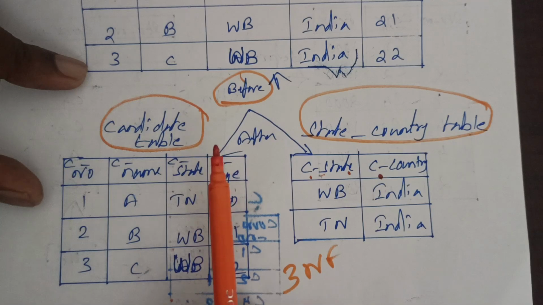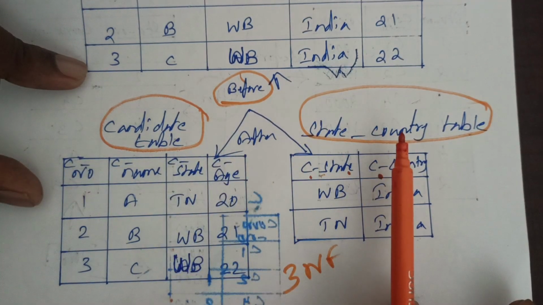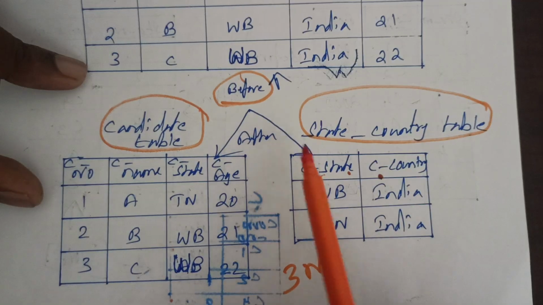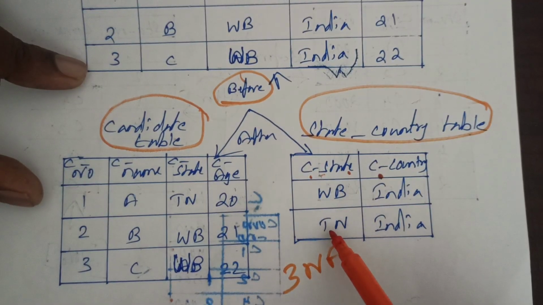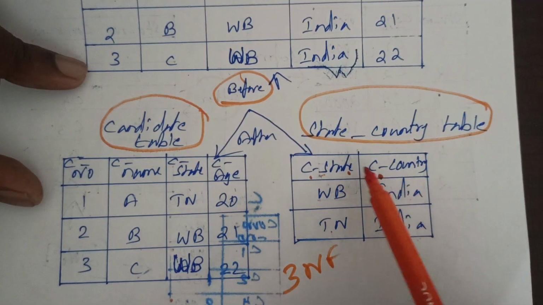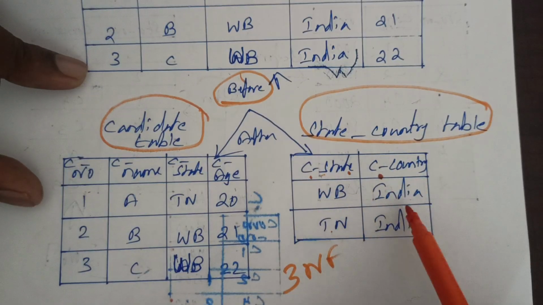We have separated prime and non-prime attributes, and here you can see the difference. We have reduced the number of repetitions: West Bengal only once and TN only once. Both of these states depend on the country, that is India. Now the country depends on state, and state depends on this particular process.